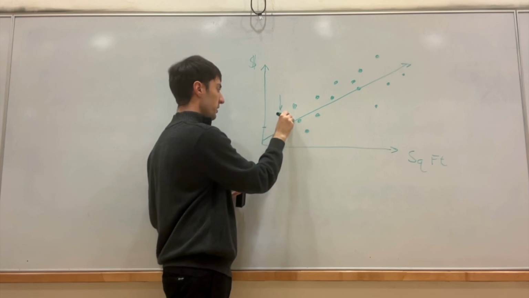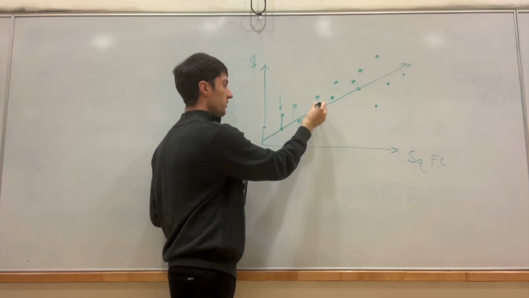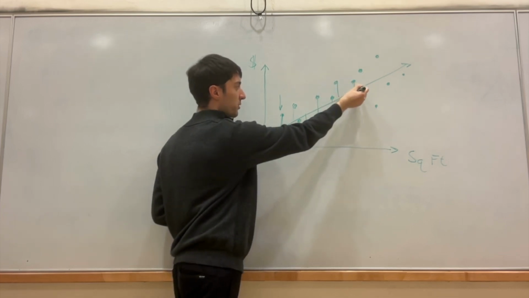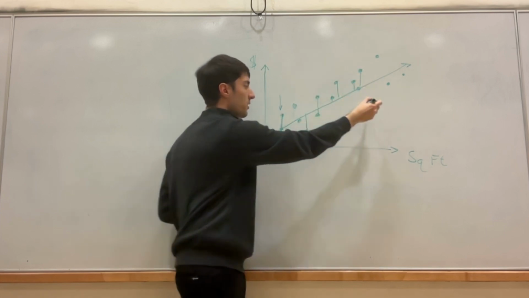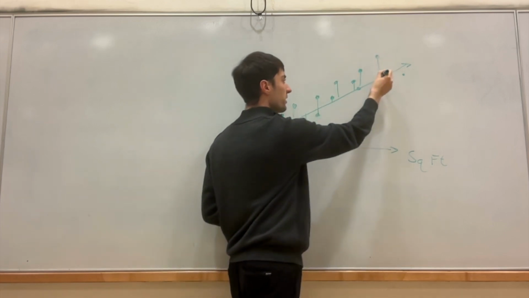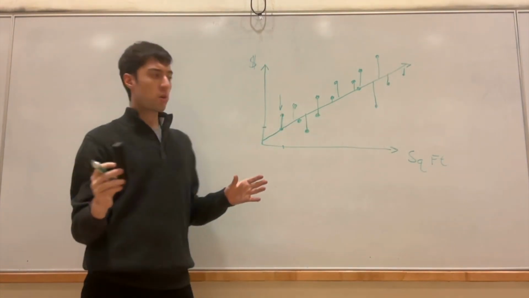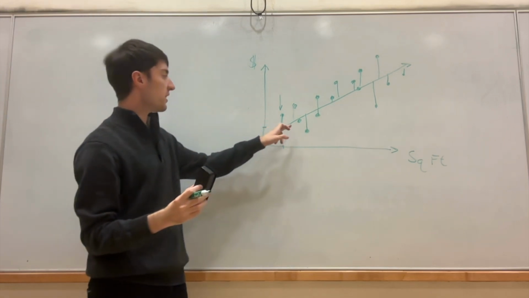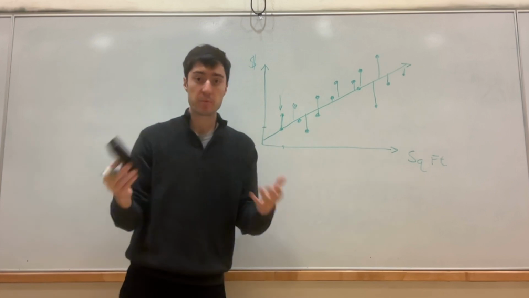It's between here and here. Oh, that one looks like it's almost zero. We did pretty good on that point. So that's the error, and now what we do is we take each of our data points and sum up the error.